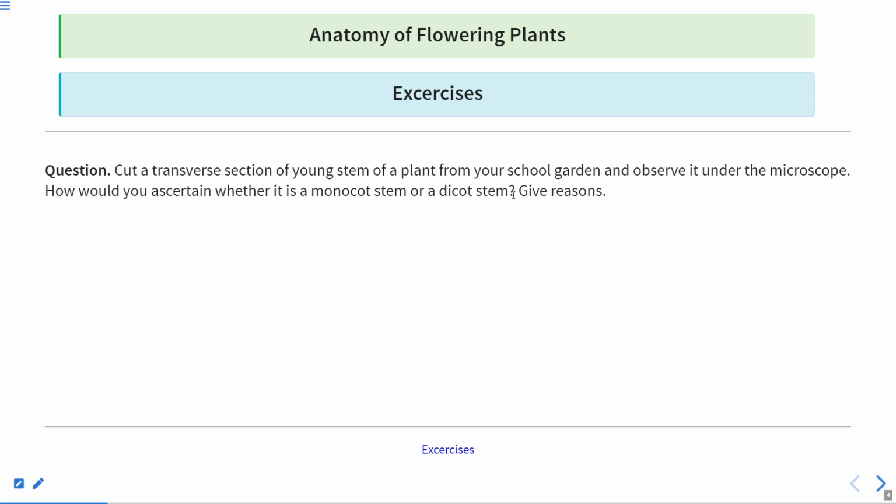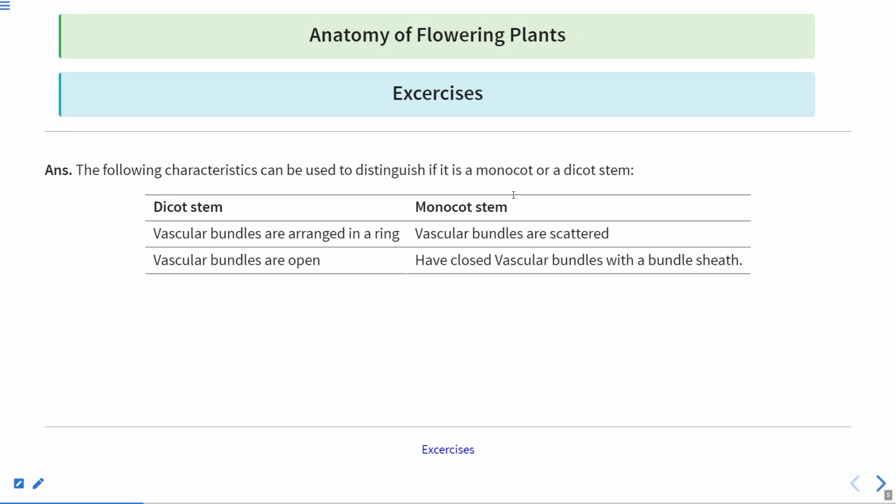It is based on an activity where you cut any plant, take a transverse section of it and visualize it under the light microscope, and you have to tell whether the stem you have taken the slice of is a monocot stem or a dicot stem, okay? And you have to give the reason how you can say this. So let us see the answer to this.